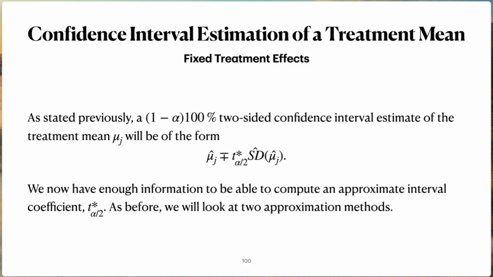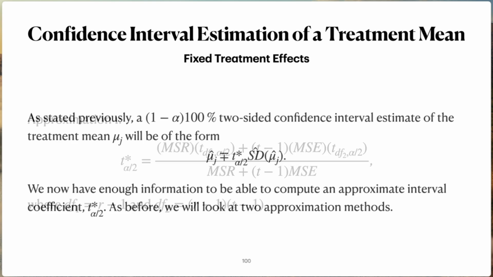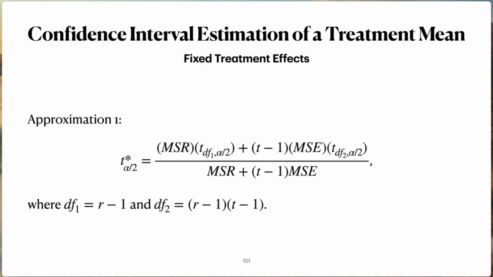We saw how to do that in the context of estimating non-contrast linear combinations of treatment means. And so we'll utilize those same two approximation methods. Here is the first method. This is equivalent to what we called approximation 1 in the previous lecture video, but you'll see it looks a little bit different here. It's somewhat simplified.